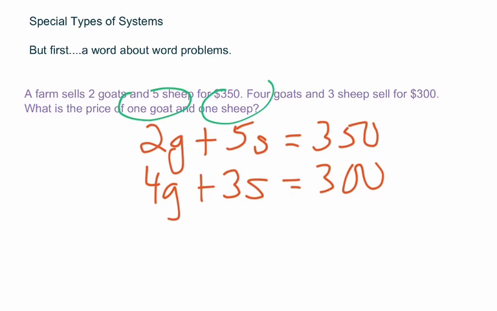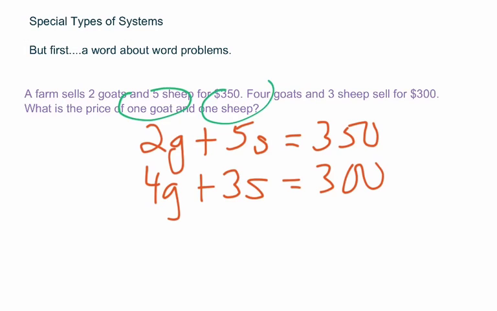Most of them will have some kind of a vibe like this. You'll see stuff like, find the price of an adult ticket and a child ticket if 5 adults and 3 kids go to the show for $40 and 2 adults and 7 kids, that sounds horrible, go in for $25.